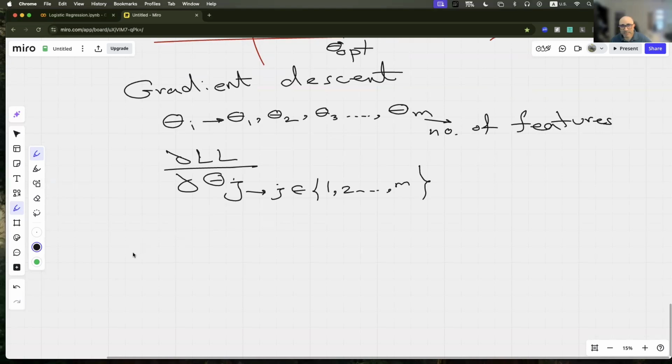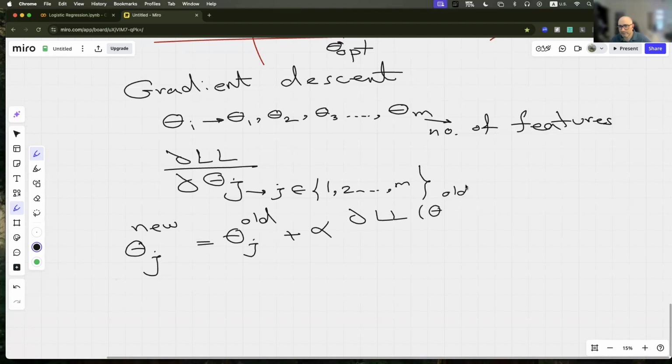The equation would be like this: the new value of theta j equals the old value of theta j, plus some learning rate multiplied by this derivative evaluated at the old value, and keep updating until we get our optimized value. This is the learning rate.